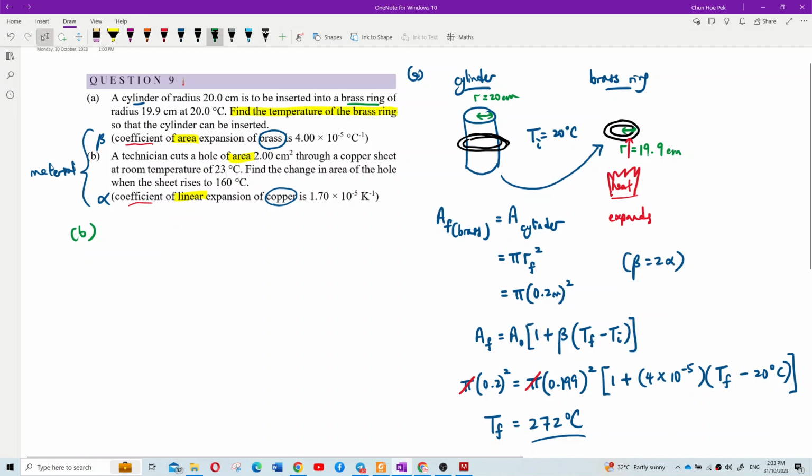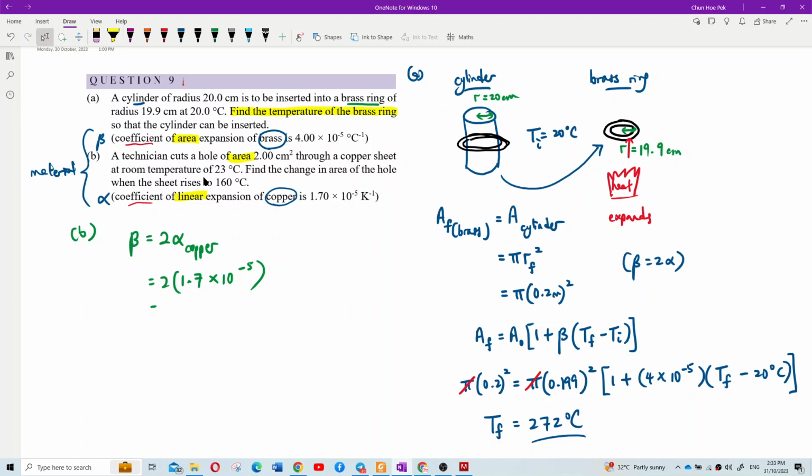Okay, so proceed. I find beta first because I'm dealing with area. Beta is 2 times alpha. This one is alpha for copper. So 2 times alpha 1.7 exponent negative 5.